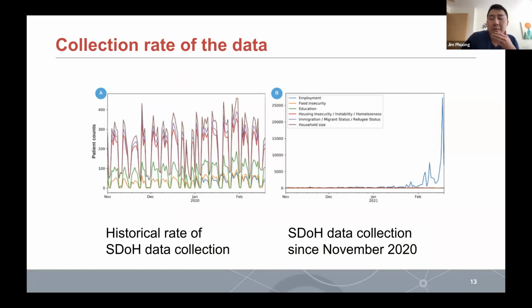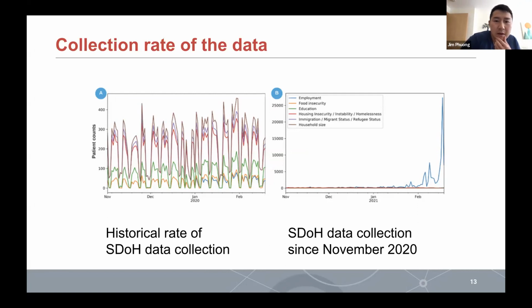Now from that, because we were taking into account the timestamp when those responses were made, and also the questions that each respondent had responded to, we could look at something like this, which is: what does the historical pattern look like, and what is the present pattern looking like?